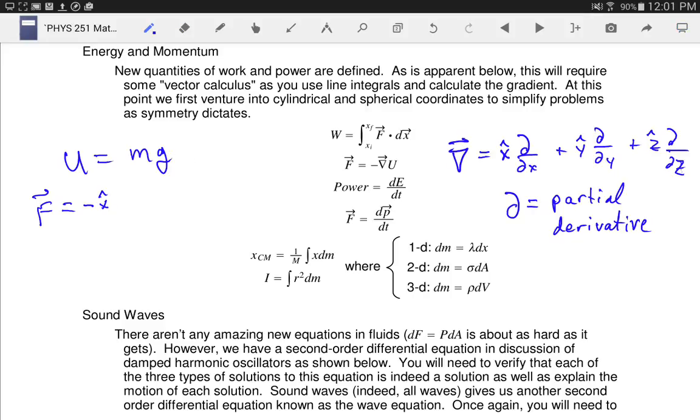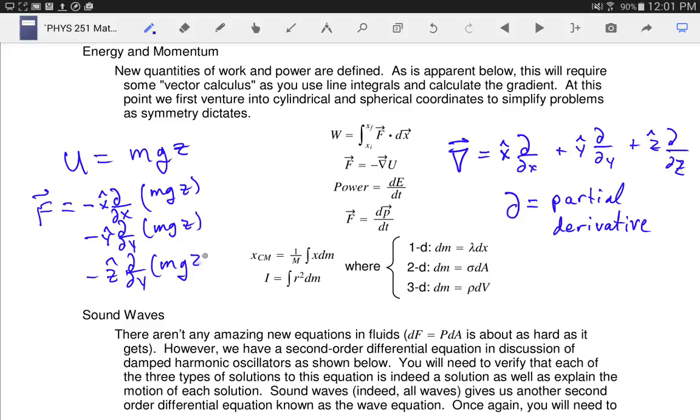I better make this z if I'm doing three-dimensional; we usually write two-dimensional and use y. So minus x hat d/dx of mgz, minus y hat d/dy of mgz, minus z hat d/dz of mgz.